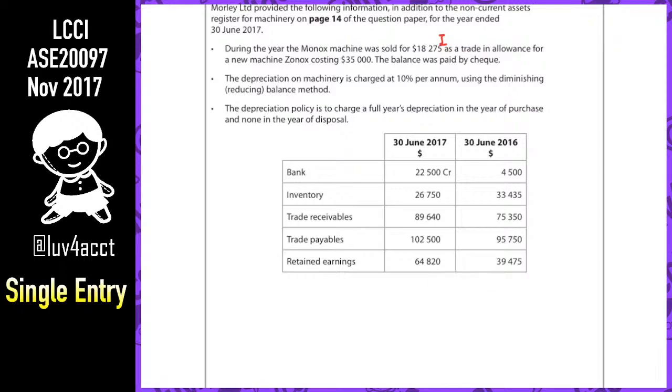Then you have to assume there is no dividend, and you are not told that there is no dividend. So 46820 minus 39475, we have 25345 as the difference, and you can use it as the profit.